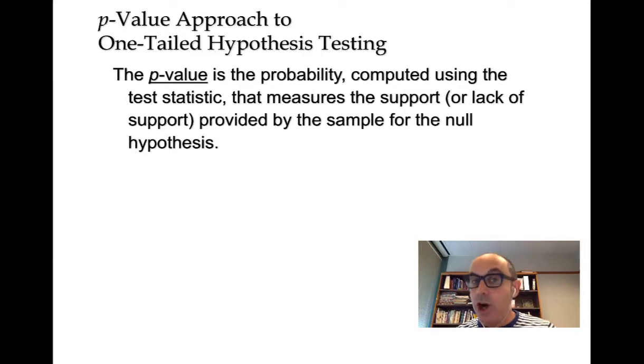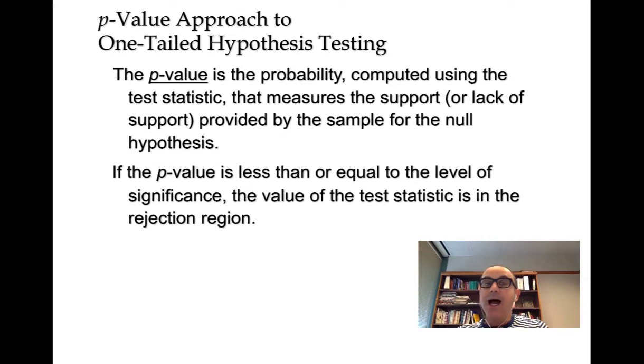So we talked about one tail. And the p-value is what we use to calculate the probability that measures the support or lack of support provided by the sample for the null hypothesis. Again, we are taking a sample about the population and we are trying to avoid errors in one-tail hypothesis testing.